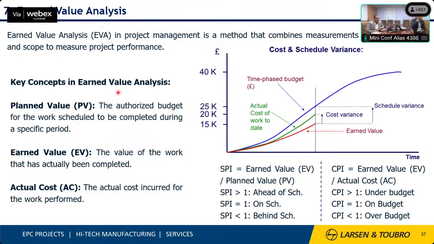Basically, sir, earned value, I am sure all of you will be knowing it. Earned value analysis is nothing but what was planned till a particular date vis-a-vis what actual progress has happened and what is the delta between them. If the ratio is more than 1, the project is going ahead of schedule. If it is equal to 1, it is on schedule, and if it is less than 1, it is behind schedule.